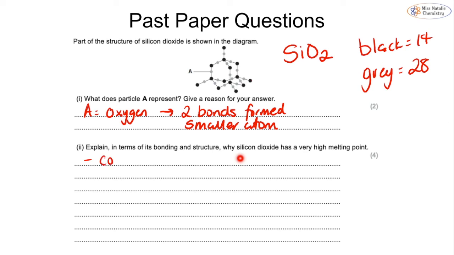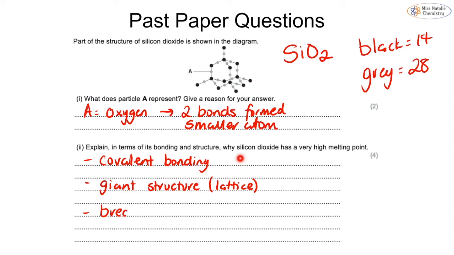So we have to say that we have covalent bonding, we have a giant structure, or you could even say we have a lattice structure. This means that we are then breaking strong covalent bonds, and then this is very high because this requires large amounts of energy.